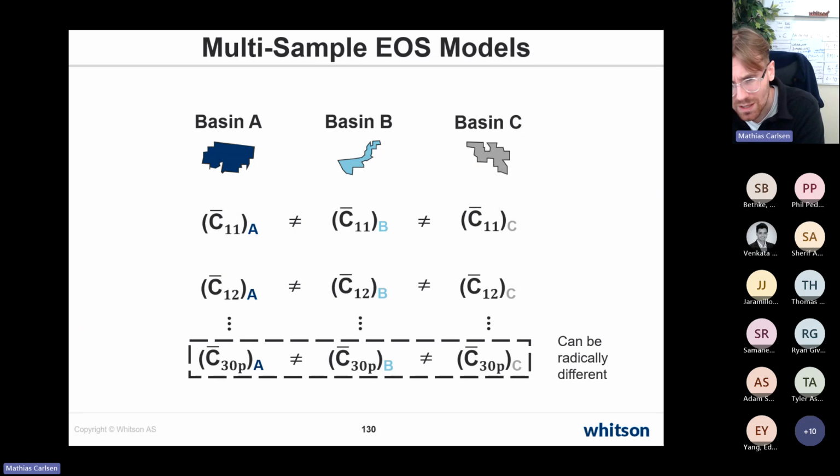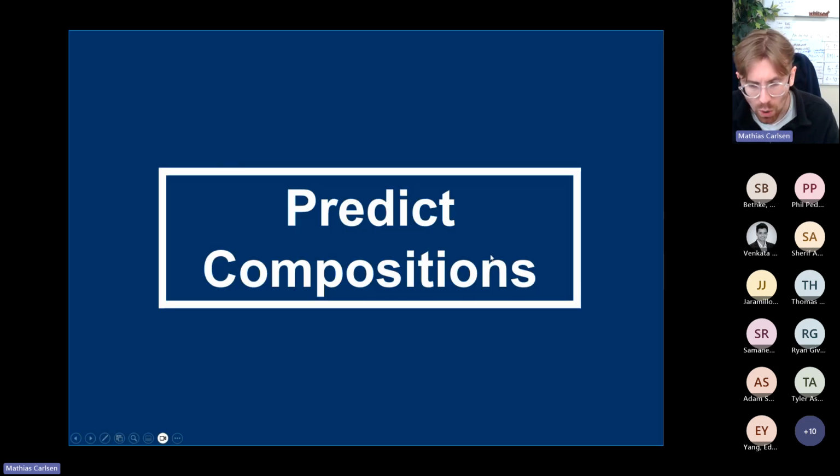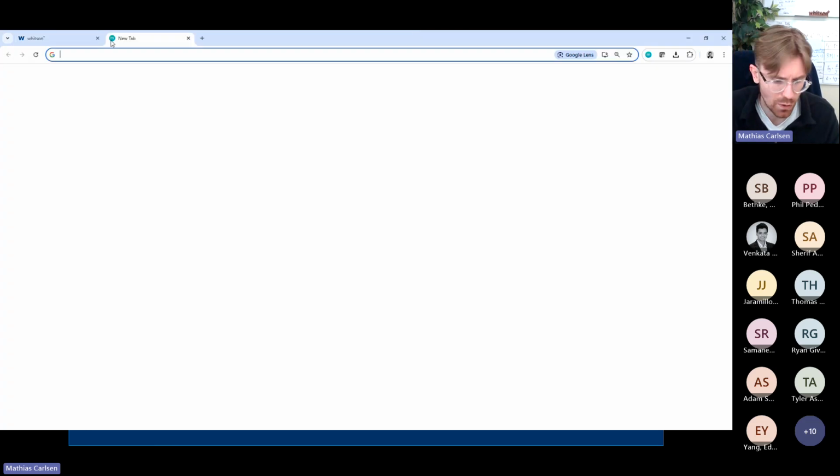Your job in one basin is to find the average C14. And the average C14 will depend on whether that fluid is paraffinic, aromatic, or something in between, which we call naphthenic.